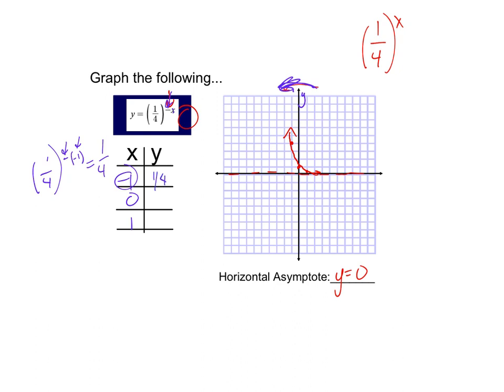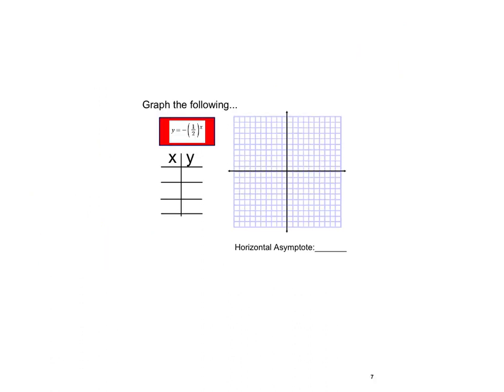So here we've got -1, 1/4. 0, again, 1/4 to the 0 is just going to be 1. That's, again, on our reflection line. And then 1/4 to the -1, well, that's 1 over 1/4, which is 4. So we've got the point 1, 4. So our new graph would look like this. And again, you can see that reflection over the y-axis.